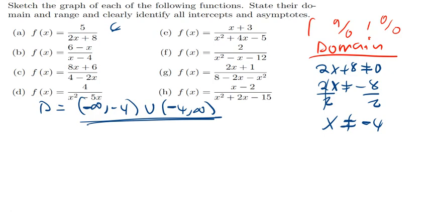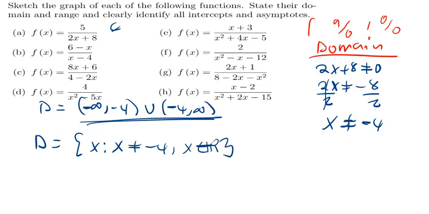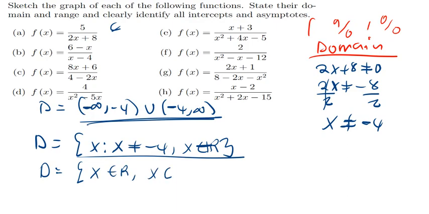Another thing that we need to take note of is that you can show the domain in interval notation, which is this one, or in set builder notation: the domain is x such that x is not equal to negative 4, x is a member of all real numbers. In other books, they will tell you to say the domain is x is a member of all real numbers, then they say x is not equal to negative 4, like this. It's basically the same thing.